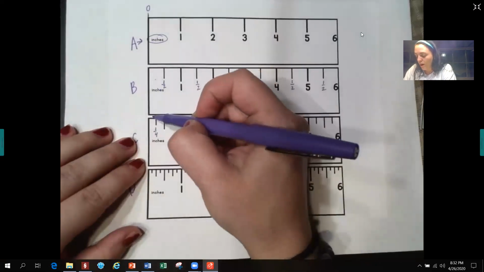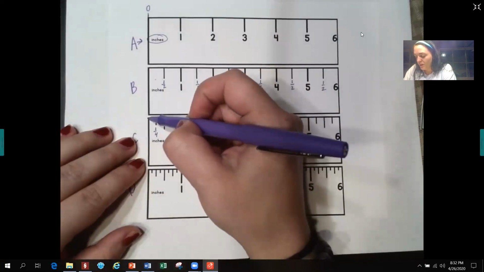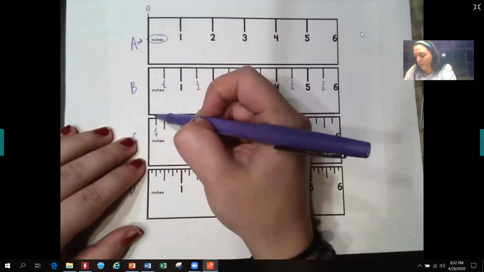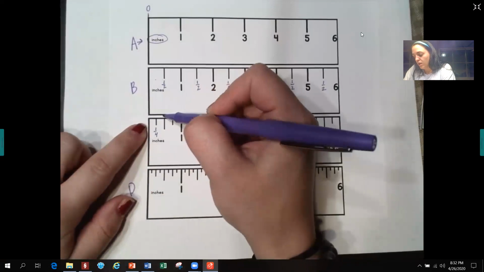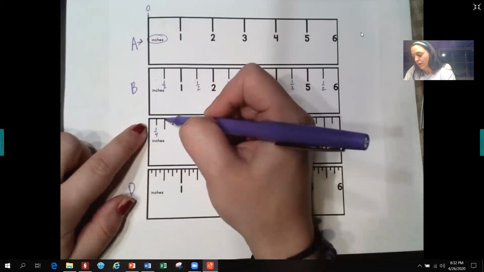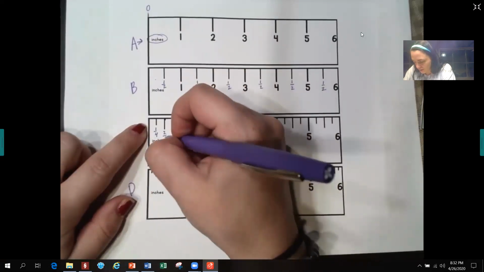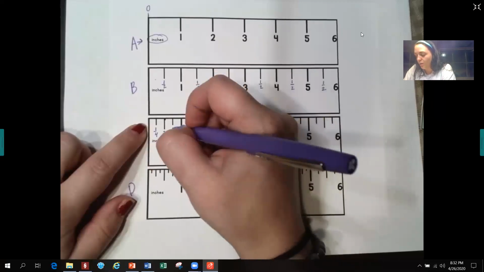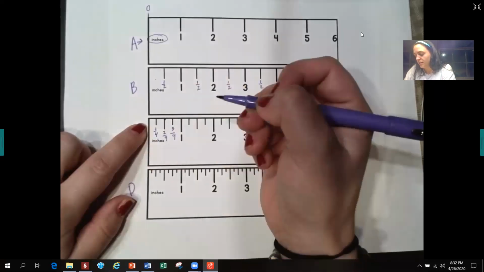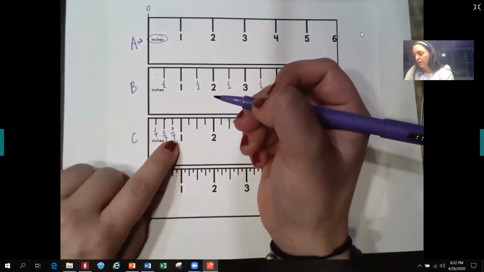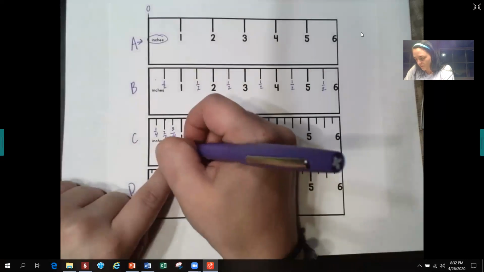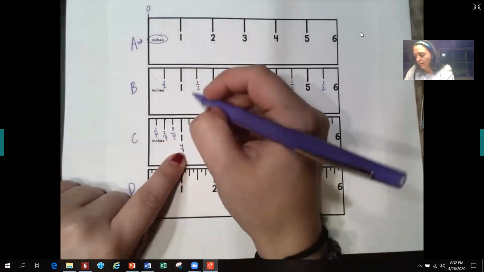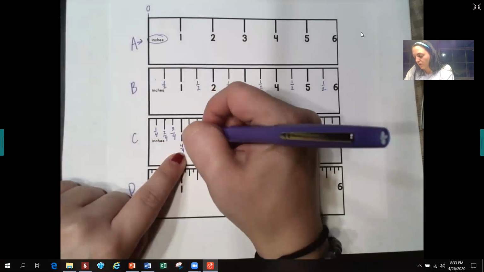So if I have 1/4 right here, then from 0 to this spot is 1/4. If I go from the beginning to this spot on my ruler, I get to 2/4. This is exactly how we did number lines. 1/4, 2/4, 3/4, and 4/4. And I can keep on labeling the rest of the ruler.